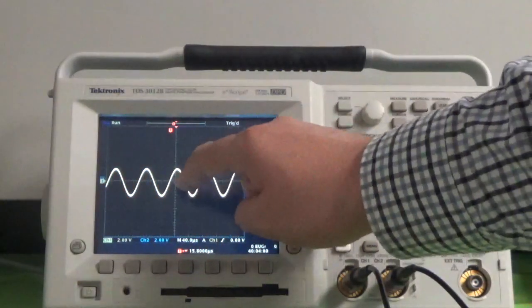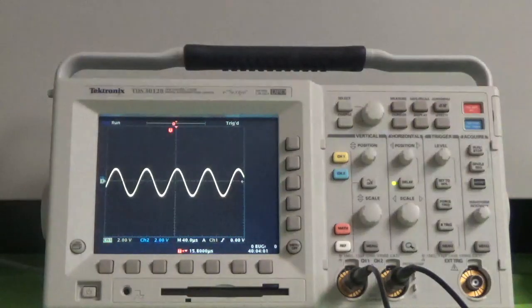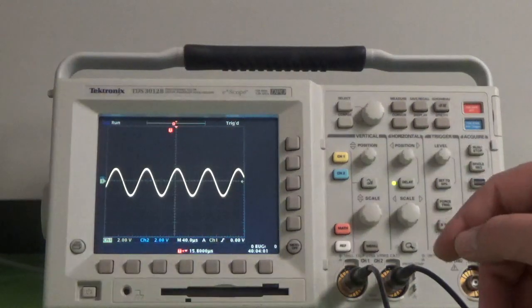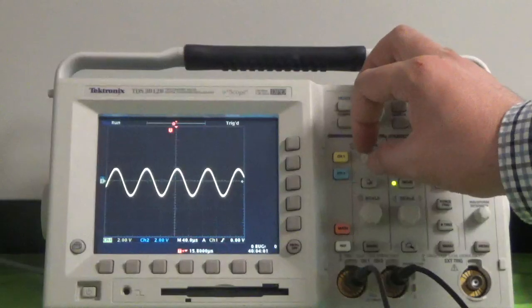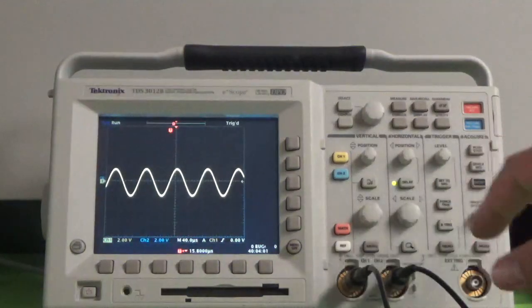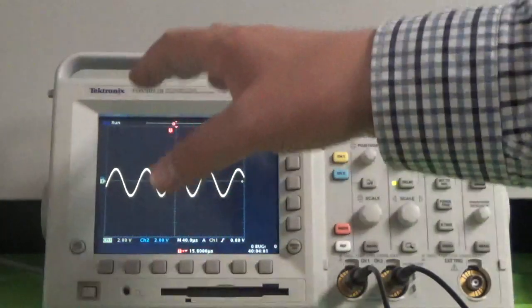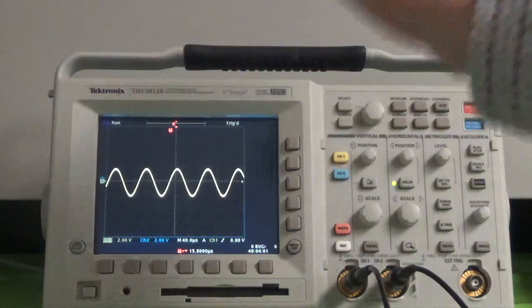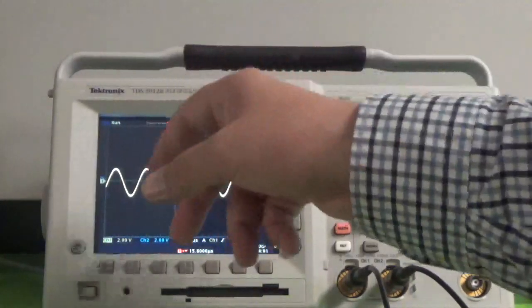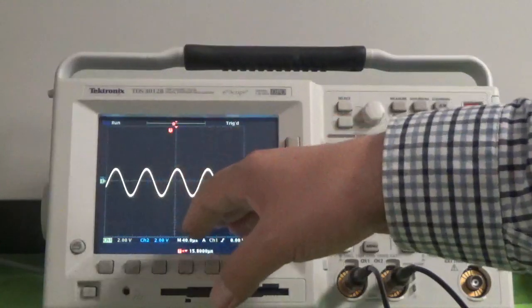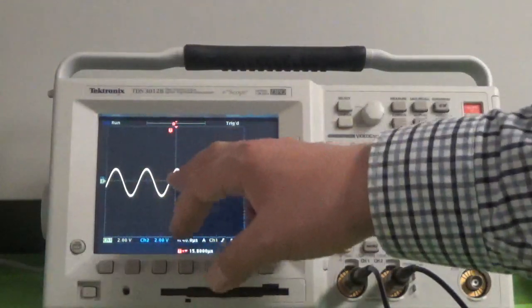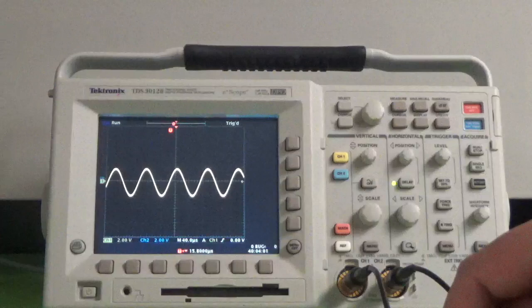The yellow one, the output, is across the resistance. So I will change the frequency and then record the V peak to peak voltage from the output signal. So let's do that.